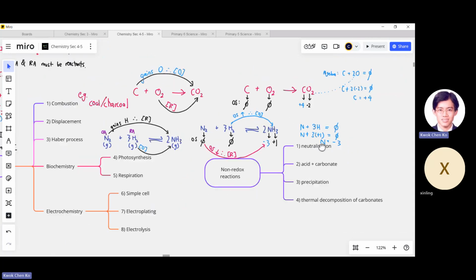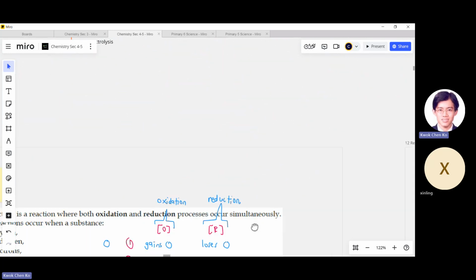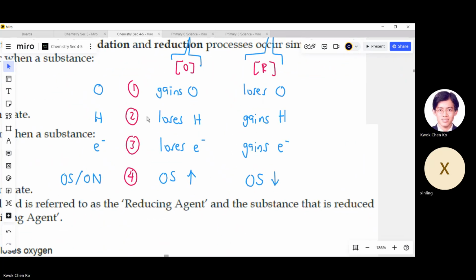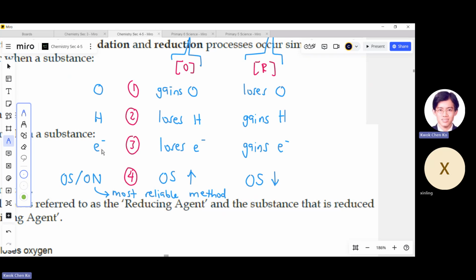Now, one important thing. Let's go back to my table again. This one. O and H may not be reliable because they may not be in direction. This one, electrons, sometimes you don't see it so easily unless you convert to ionic equation. But this one, take note, this is the most reliable method to define oxidation and reduction.